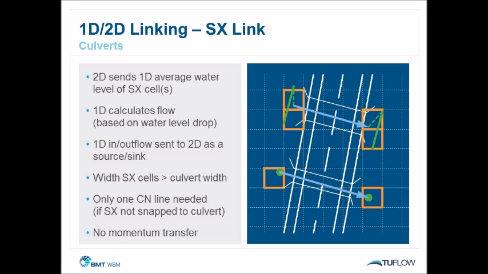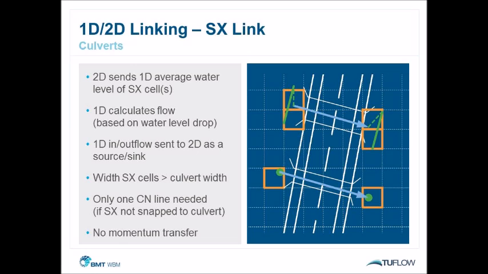The only trick with SX connections is that the width of the SX cells should be greater than the culvert width or the 1D element width, and I'm talking about wet SX cells. So in that top example, if one of those SX cells was quite elevated and didn't get wet at all, that's not counted in that width arrangement.